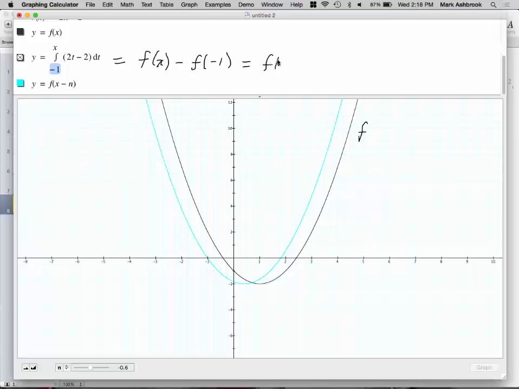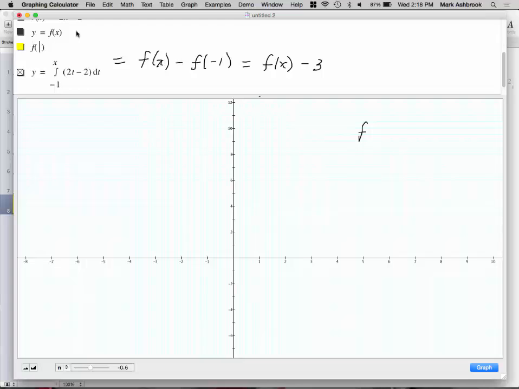I hope that's 3. Just do it. Two. Glad I checked.